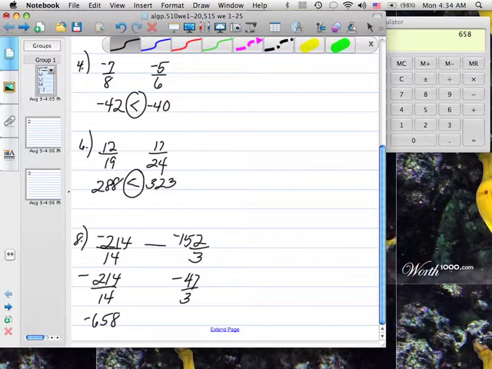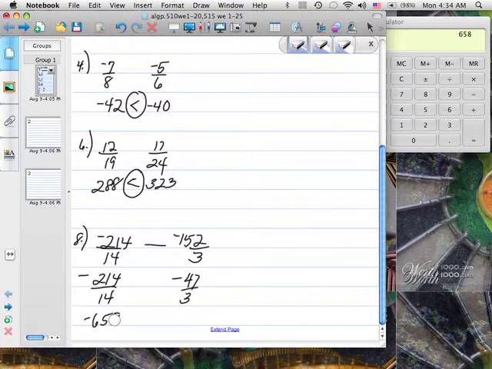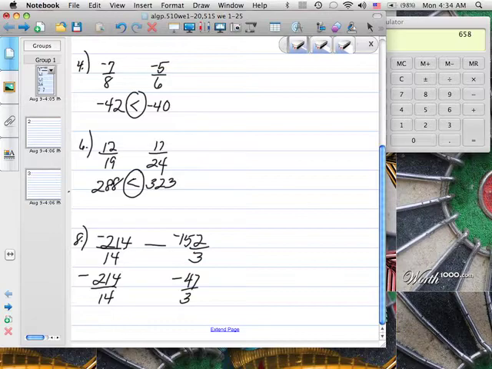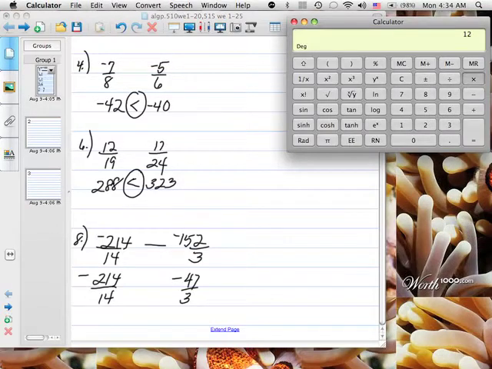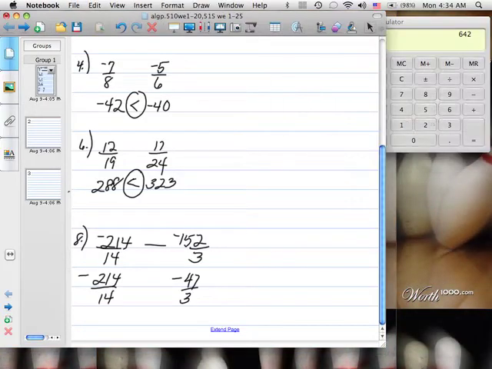Whoops, I did it backwards. Sorry about that. We need to take 214 times 3 first. If you do it the other way, we're going to get it wrong. So that's 642. It's always this product first.